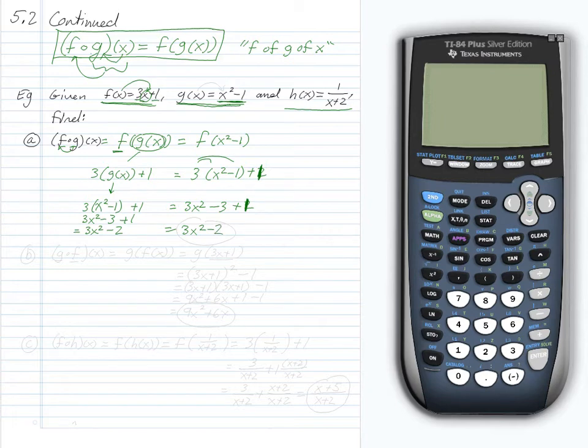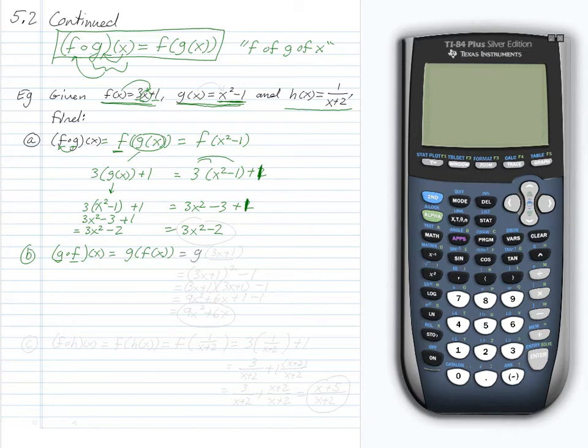Alright, let's try one more of those. Let's look at the other direction. If we ask about g of f of x, what are we asking for? Well, we're saying take f and plug it into g. We know what f of x is.